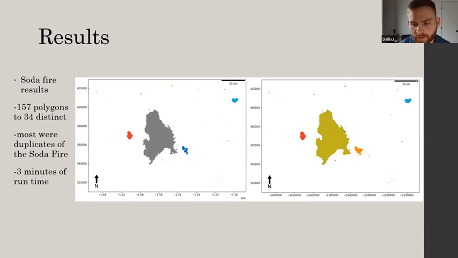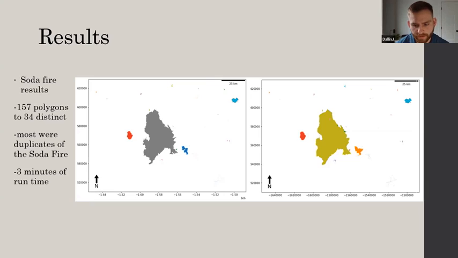So once the script had been created, it was tested on the AOIs mentioned earlier. For the Soda Fire area, the original layer had 157 different polygons. Most of them were duplicates from different agencies inputting the same fire. This was trimmed down to 34 distinct polygons once it was run through the script I created.